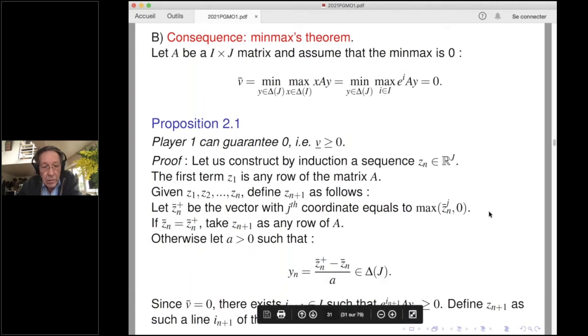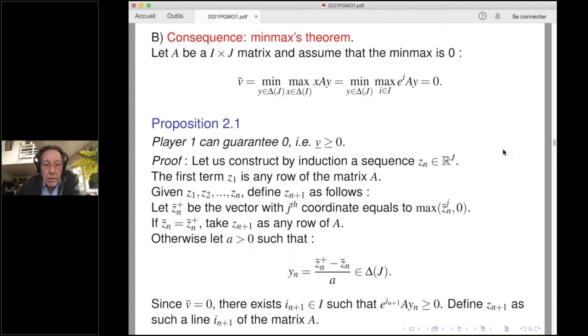So there is a pure strategy of player 1 that gives him, facing yn, a positive component. So I define Zn plus 1, the new element of my sequence, as the line of the matrix corresponding to this choice yn plus 1.